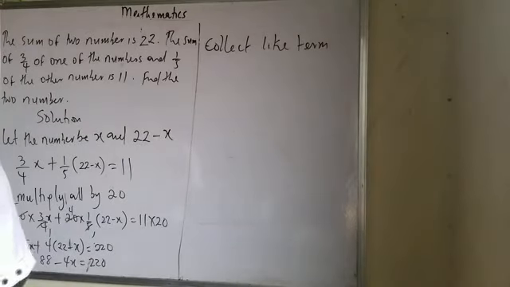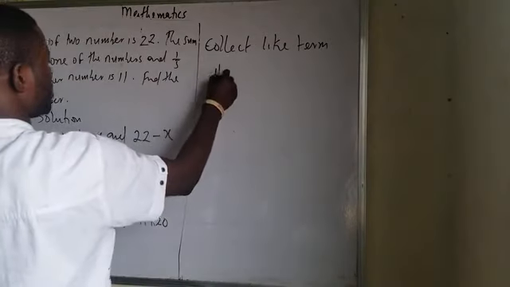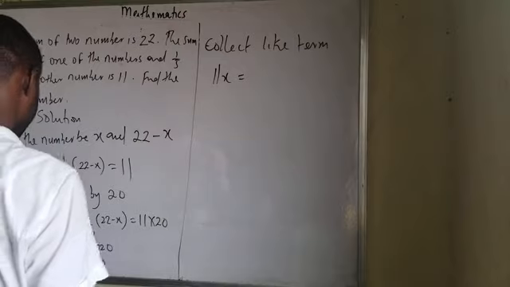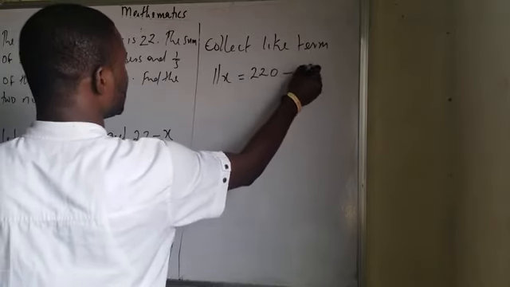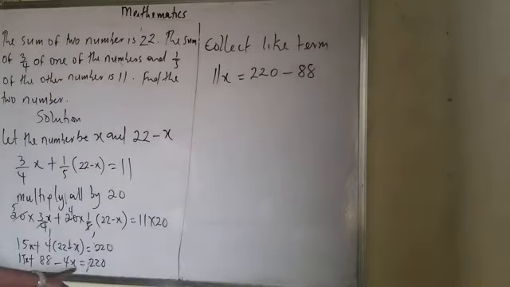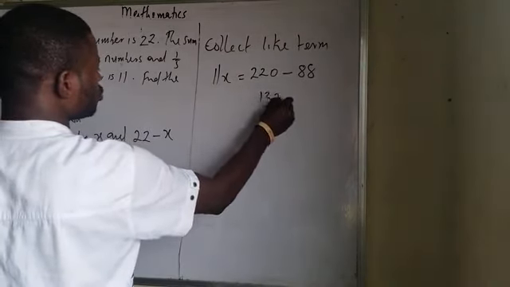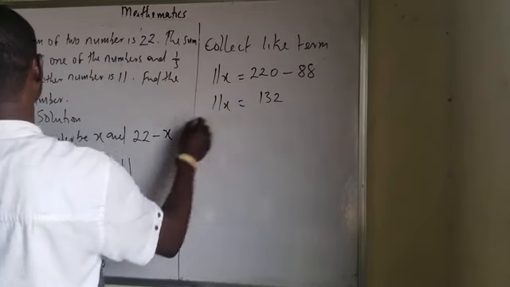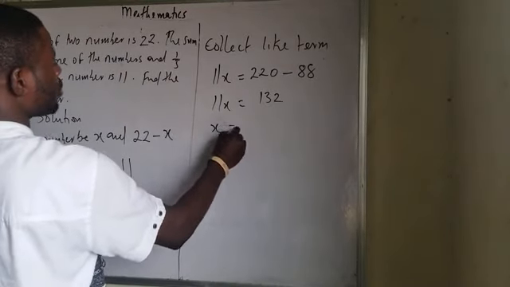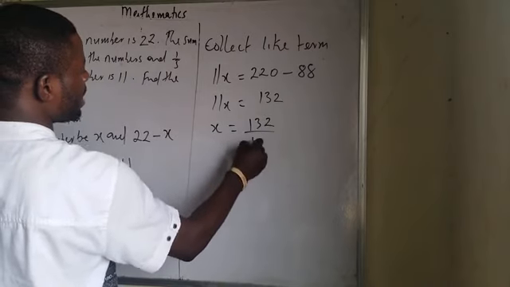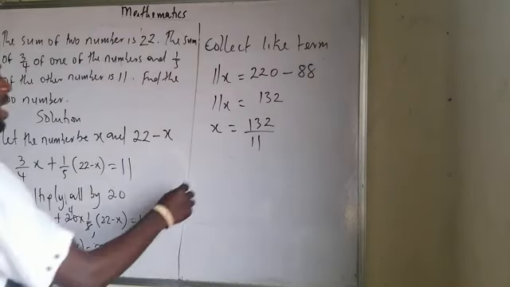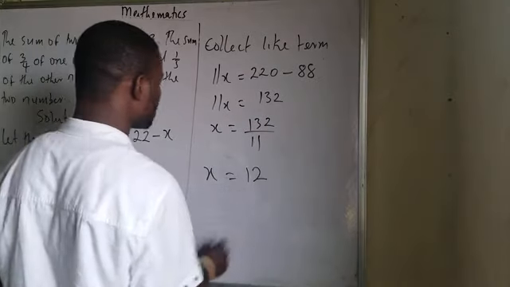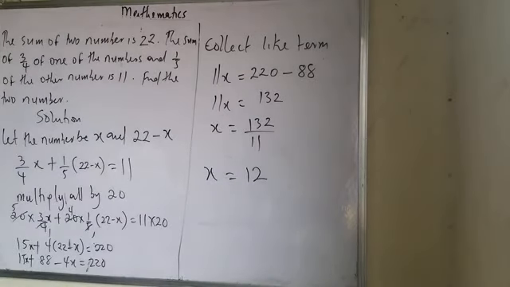This and this will be 11x equals to this and this will be 220 minus 128, which I'll be having 92, 11x equals to that. It means x equals to 132 divided by 11, which is going to be 12. My x equals to 12. That is all.